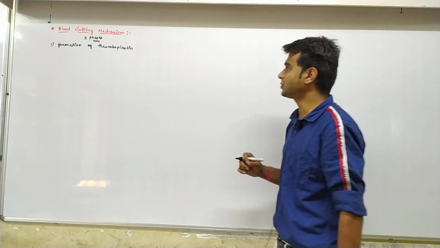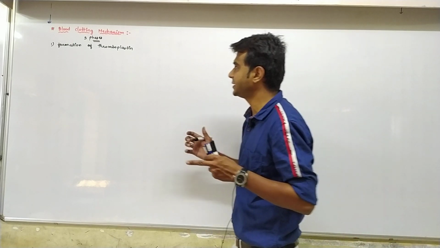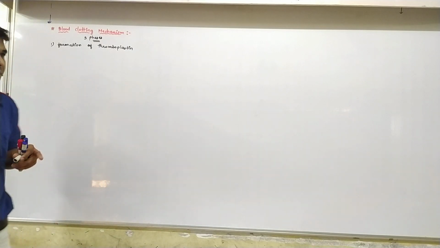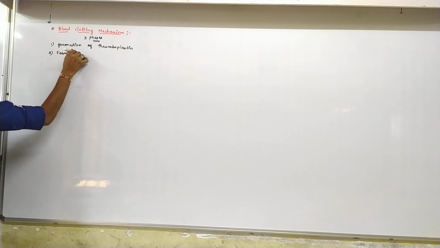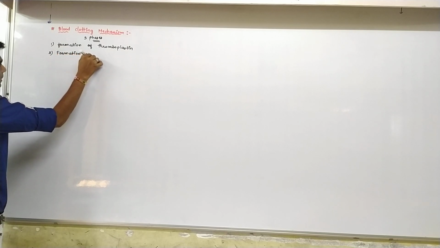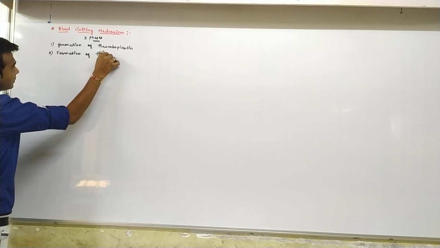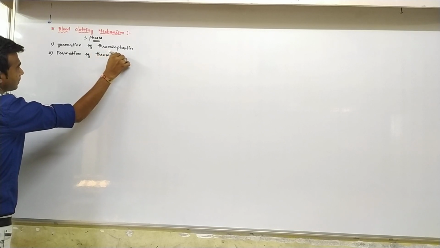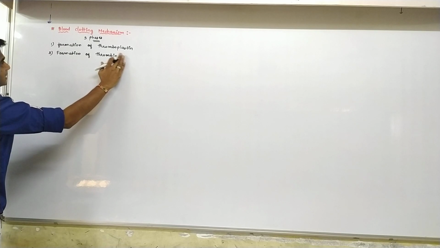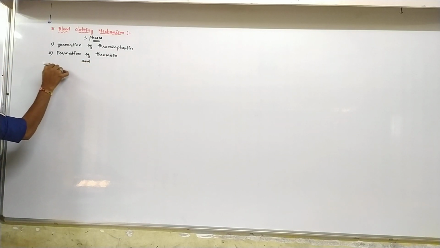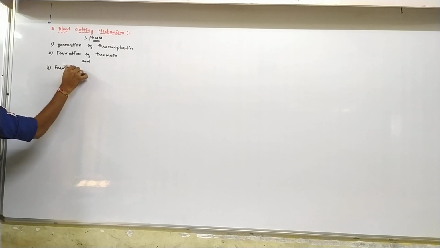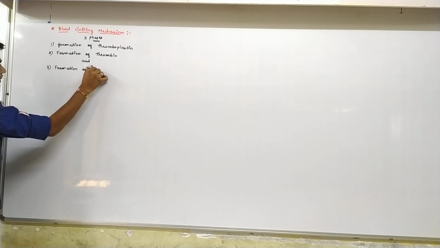So the blood clotting mechanism consists of three phases: formation of thromboplastin, formation of thrombin, and the last one, formation of fibrin.